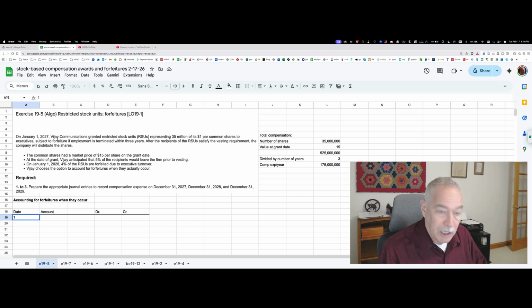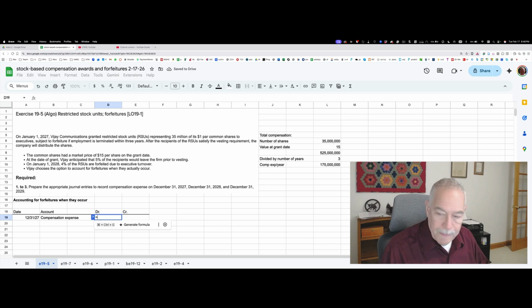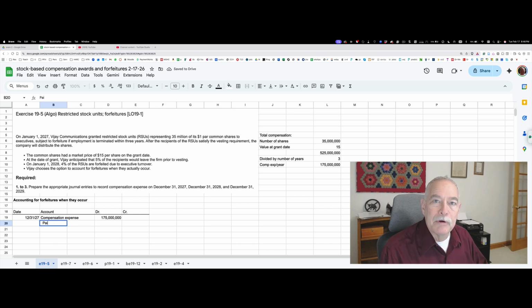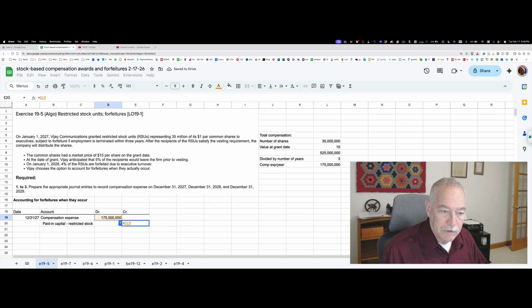We make no entry on January 1st of 2027 because they haven't actually worked yet. But we do make an adjusting entry at the end of 2027 for compensation expense, and that's going to be equal to this 175 million here. And we're going to have paid in capital restricted stock, and that's going to be equal to a credit.